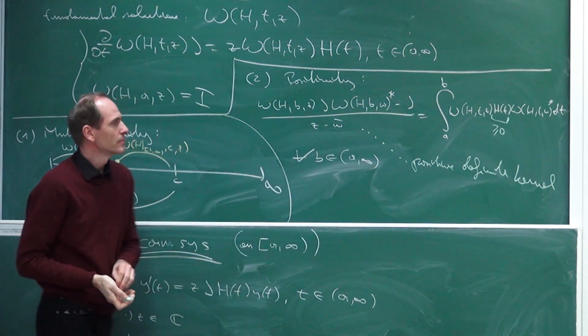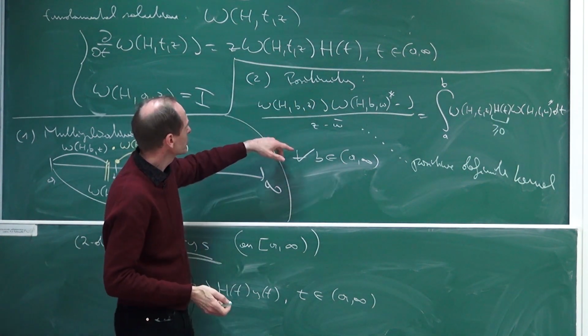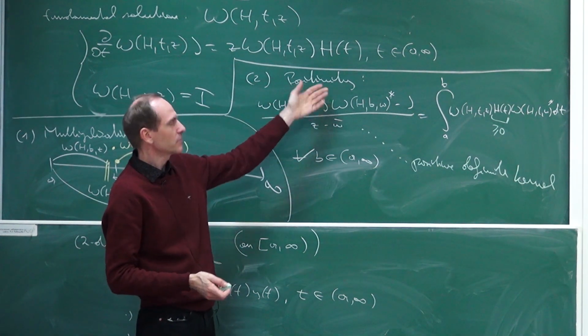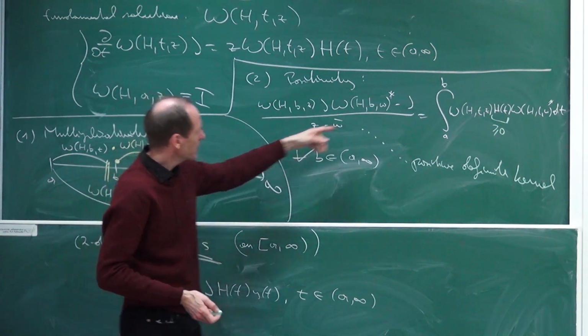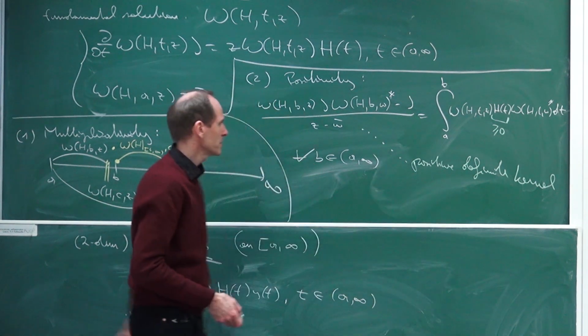This expression. I mean, you see that this is a Hermitian kernel, because if you switch z and w, you just get star of it, and by this equation it is a positive semi-definite one.